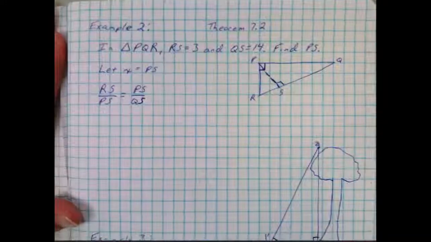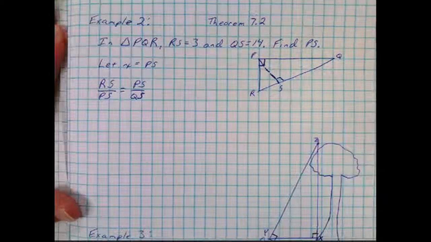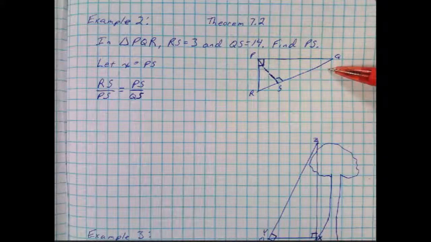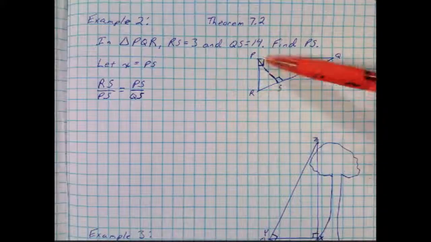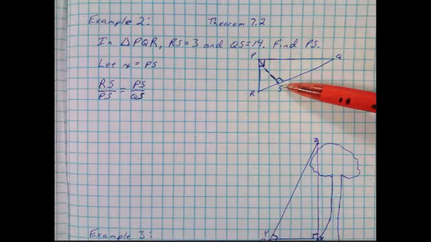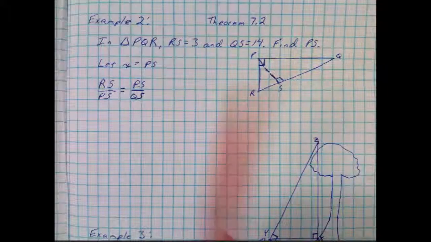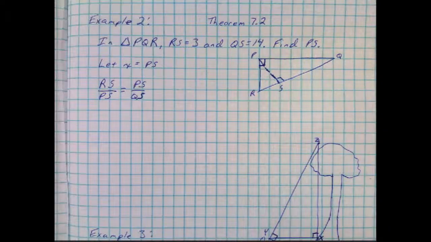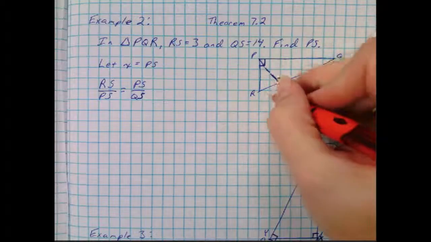Alright, so the first part we had example 1. So we're going to start with example 2 today. So I have a picture here. This is our triangle. So we have a right triangle here, which is RPQ, and then we have an altitude which is drawn. And it's telling us here in this triangle that we have RS is 3.